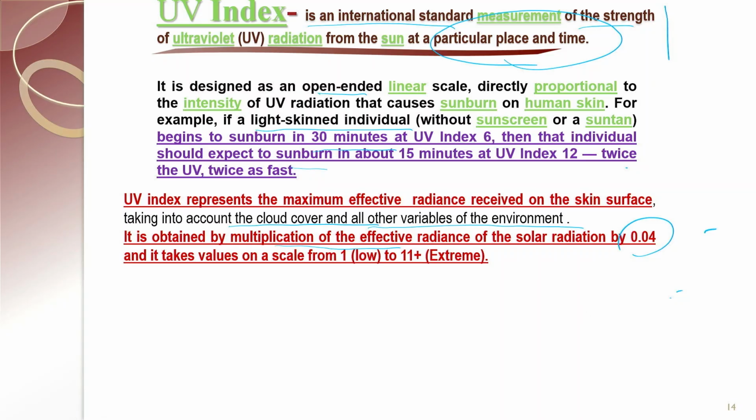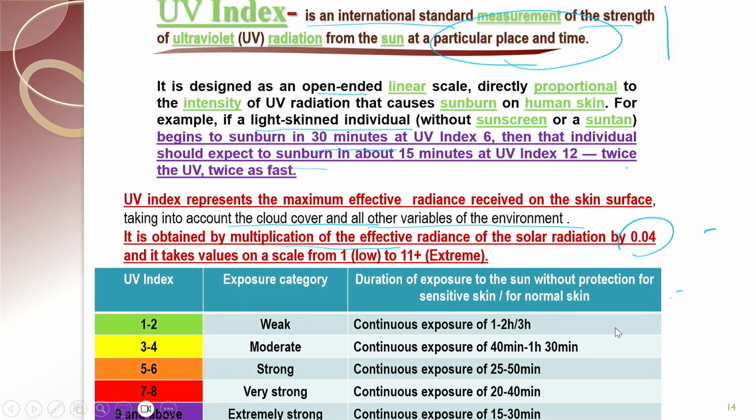So, 1 UV index means low UV index and 11 and above means extreme UV index. We can see the range 1 to 2 is weak exposure.